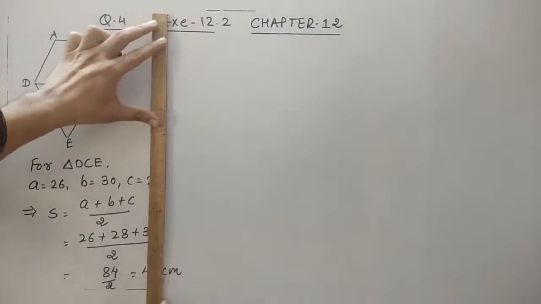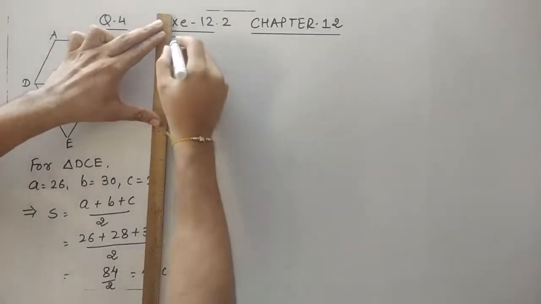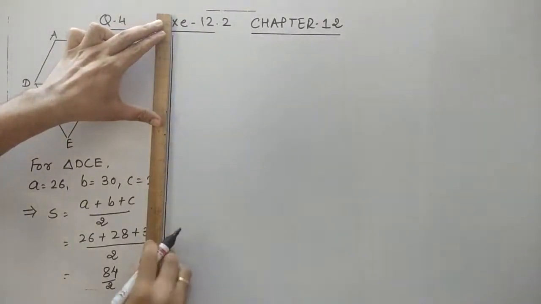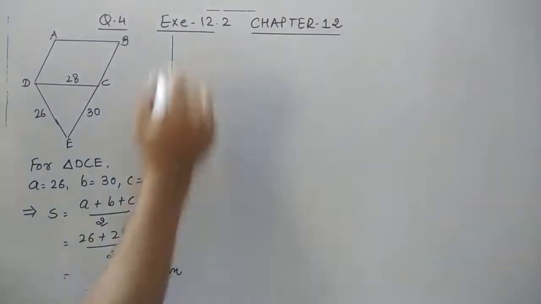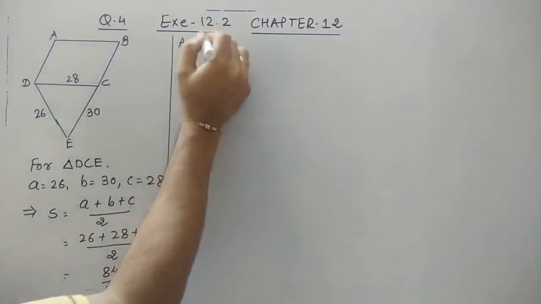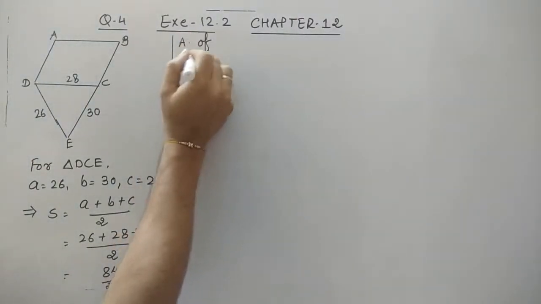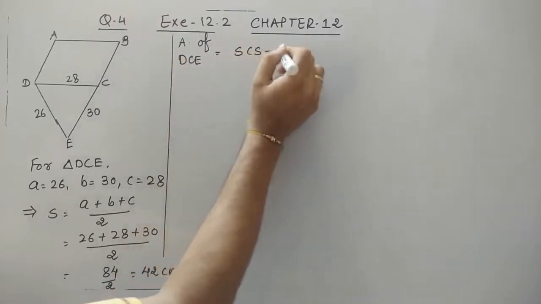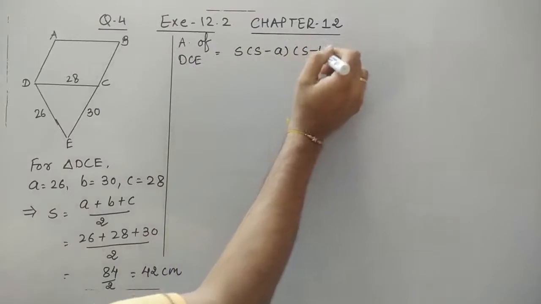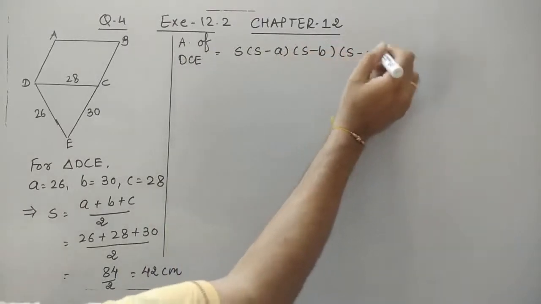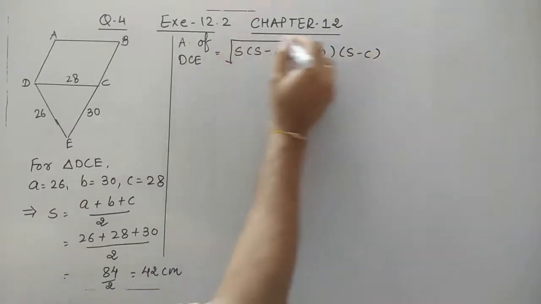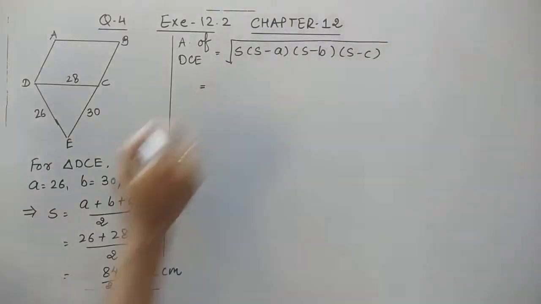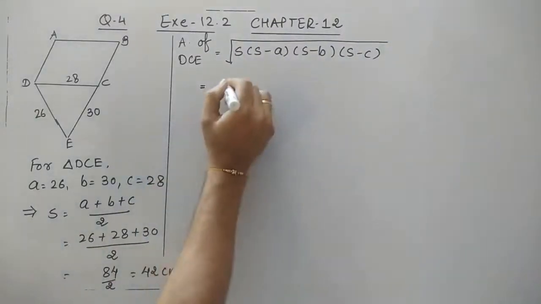Let us find out the area of this triangle. We have the formula for the area of triangle. Area of triangle DCE or CDE. We'll use Heron's formula: the square root of S into S minus A, S minus B, S minus C. Let us substitute all the values. The semi-perimeter is 42.